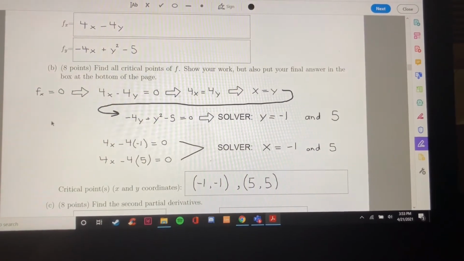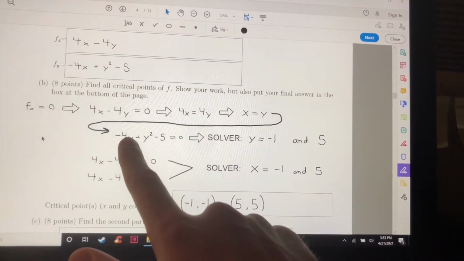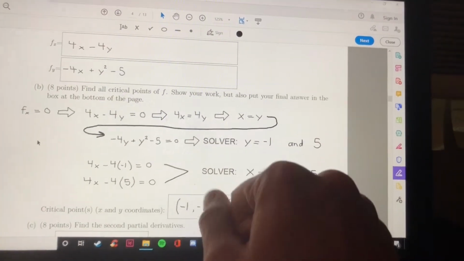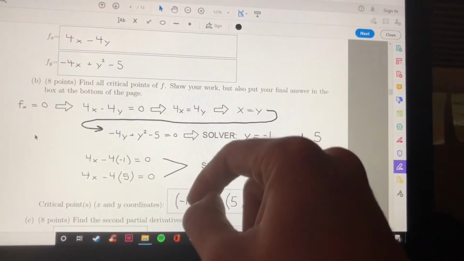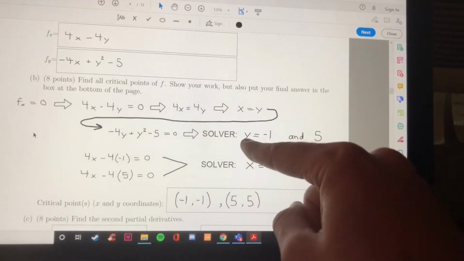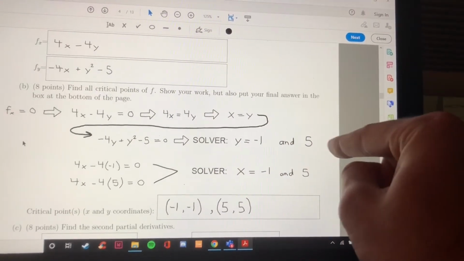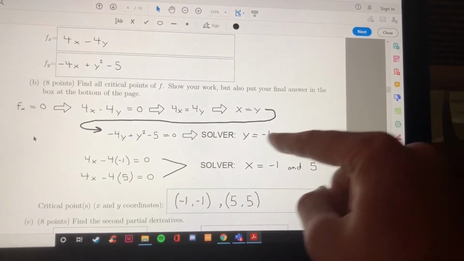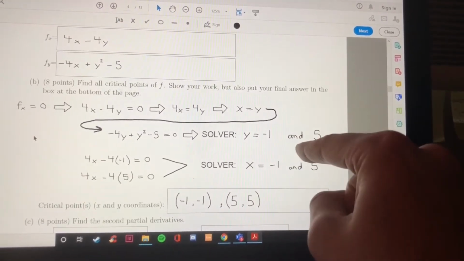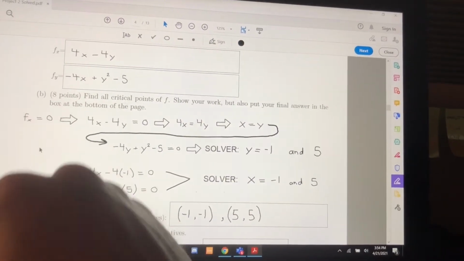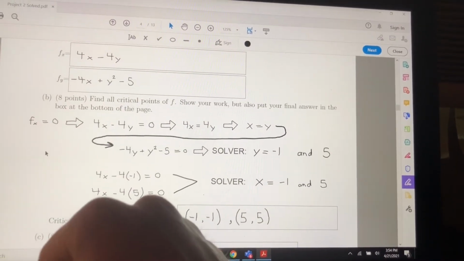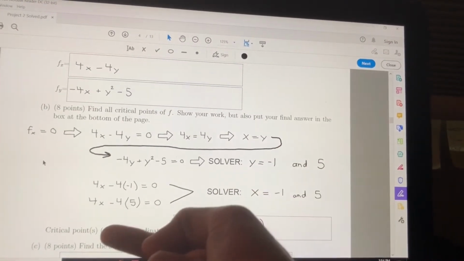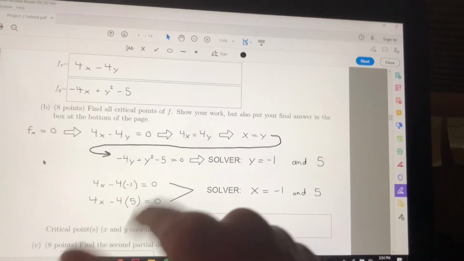As you can see, right here, we replace that x with a y. And now we're going to put that into solver and figure out what the variable actually is. So we come out with y equals negative 1 and 5. Now, the next step is taking these numbers that we found for y, and plugging them into the f sub x equation, and using solver after we set those equal to 0 to figure out what the x variable is.